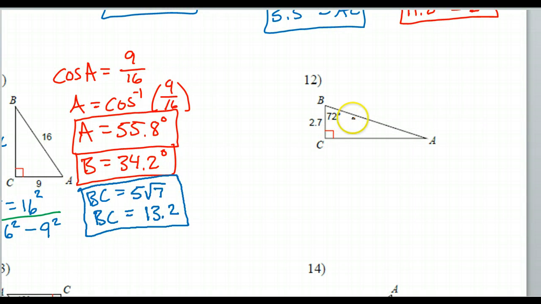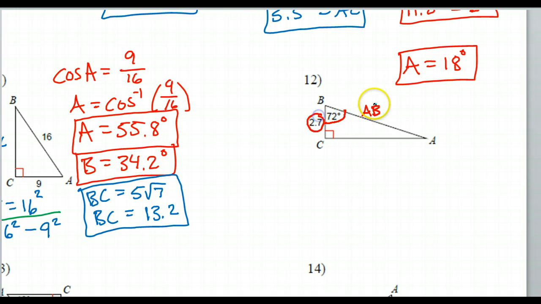How about number 12? We definitely need to find angle A. So let's do that. We'll find that by doing 90 minus 72. So that's going to be 18. So angle A is 18 degrees. Now let's find side AB. Well, looking at the 72 and the 2.7 and the AB, this is adjacent and this is hypotenuse.